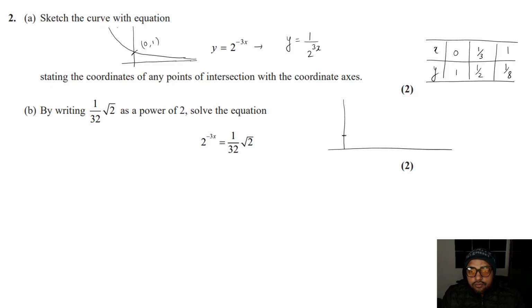So this is 0 comma 1. I'll take this point as 0 comma 1. Let's say that this is the 0 comma 1 point from which the graph will pass. Now the second point is x equals to 1 by 3 and y equals to 1 by 2.